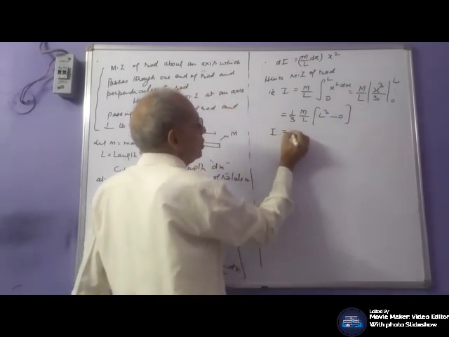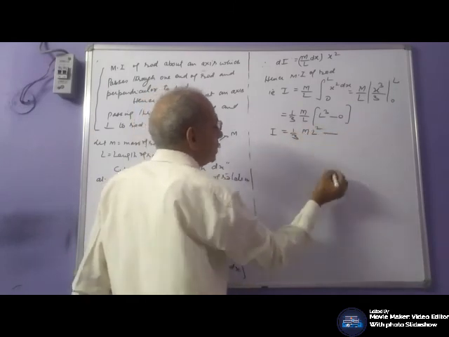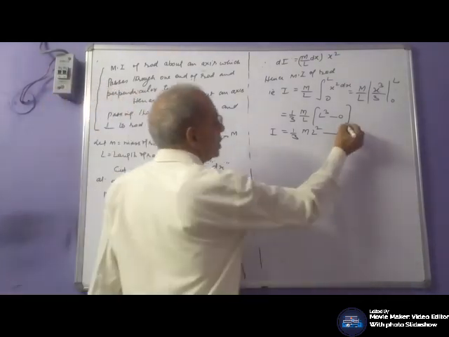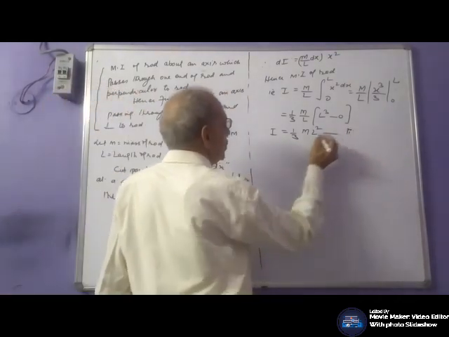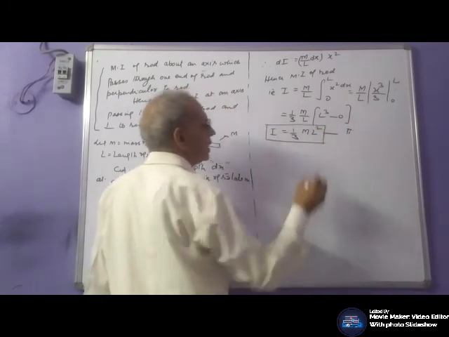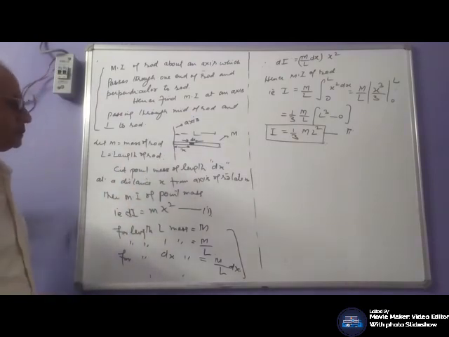So I comes out to be 1 by 3 ML square. This is what the moment of inertia of rod about an axis passing through one end and perpendicular is.